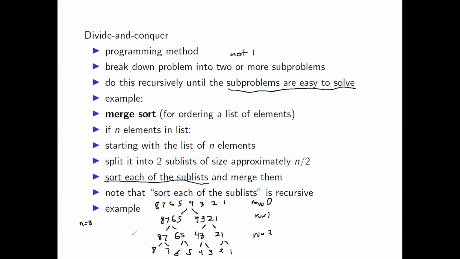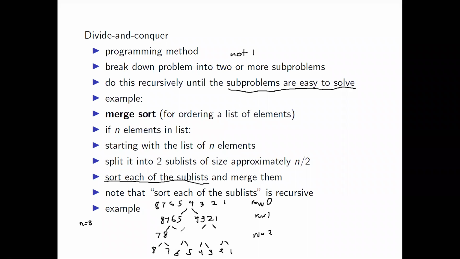So what we can do now is merge them. We need to merge them up the tree. So the 8 and the 7, we merge them and put them in the correct sorted order, and that gives us 7, 8. And we can do the same thing with each of these sublists in this row, row 2.